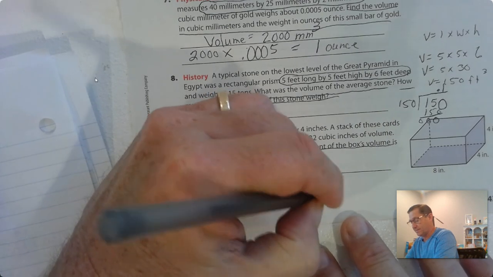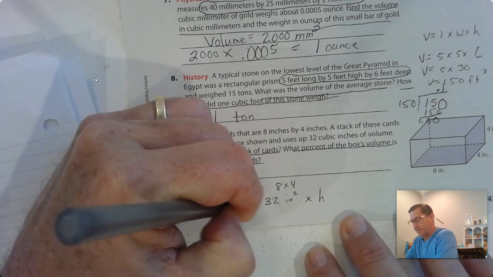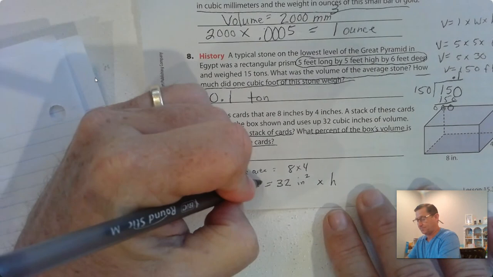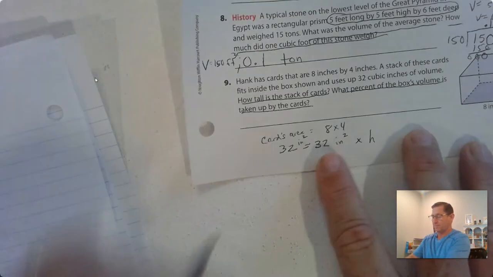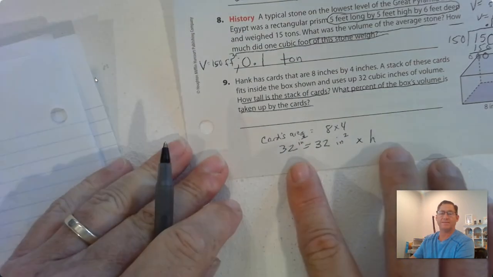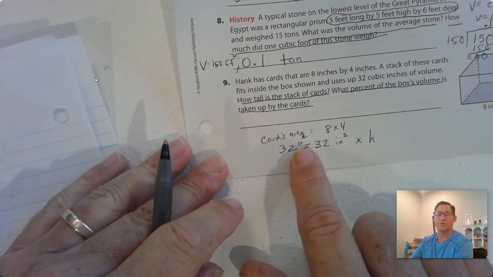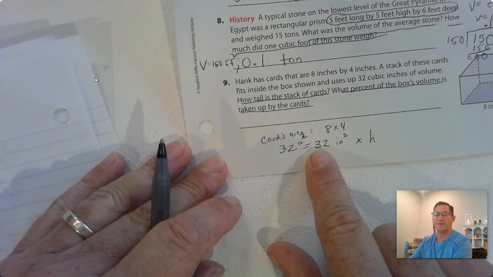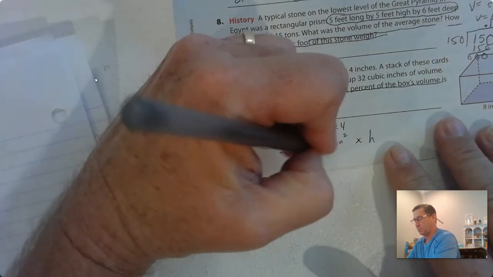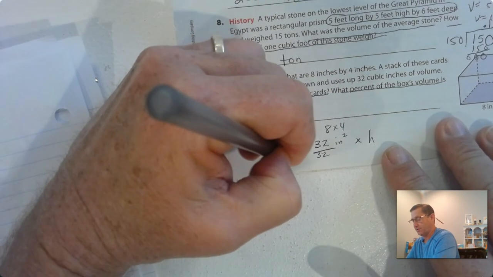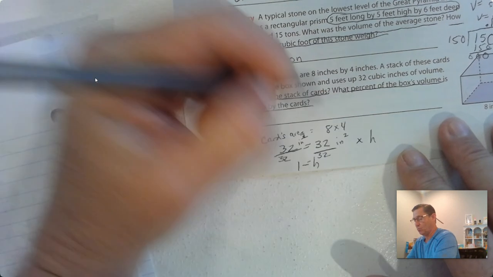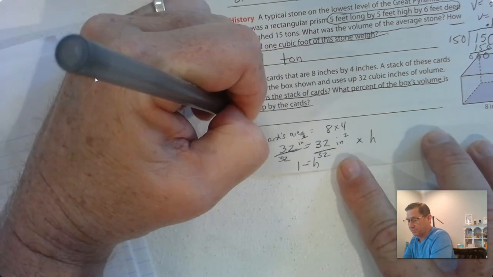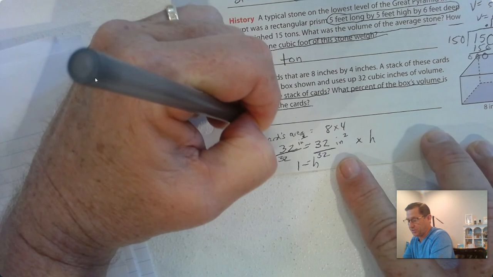So if you told me that the volume of the cards was 32 cubic inches and that the base of the cards was 32 inches squared, then what is h? Well, 32 divided by 32 is 1, so 1 inch. So the cards are 1 inch tall.